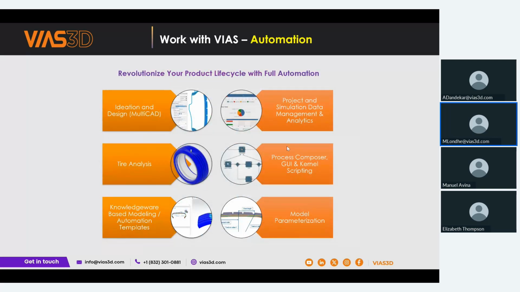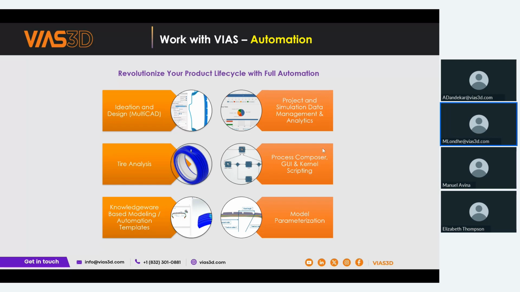If you are already in the tire industry, VIAS can help you automate your entire product life cycle with full automation. During this development, a lot of template making is required, where scripting is necessary, and in such an entire automation, VIAS can help you automate the complete simulation process from start to manufacturing.